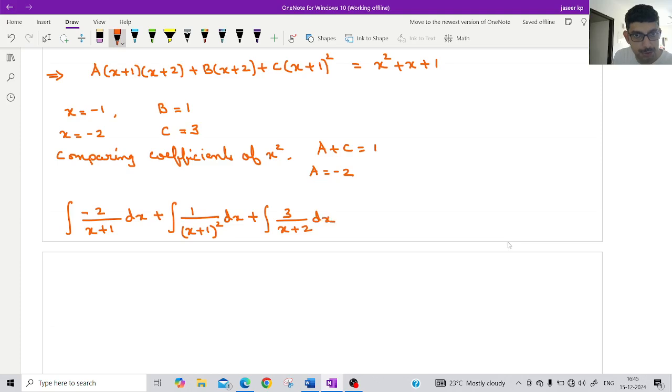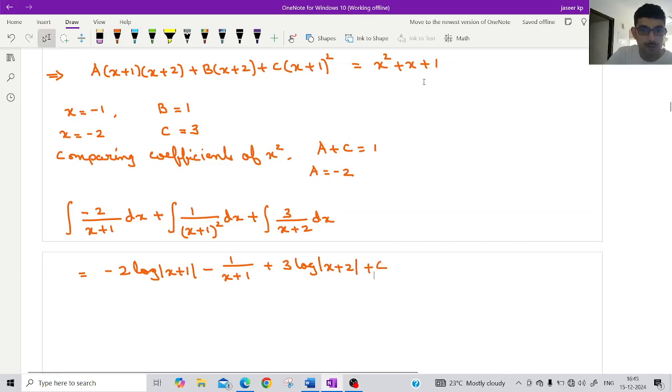We are substituting the values. Now if we integrate this, it will become minus 2 log of (x plus 1), the integral of 1 by (x plus 1) square is minus 1 by (x plus 1), plus 3 log of (x plus 2). This will be the answer to this problem. Now moving to the next one.